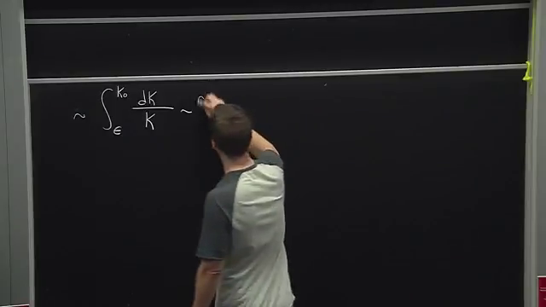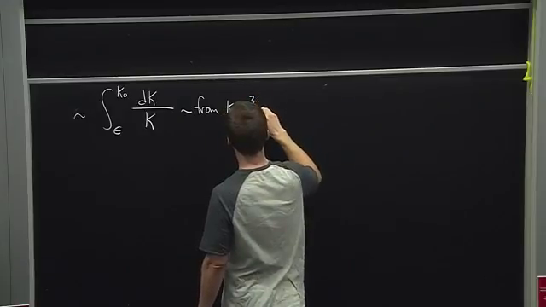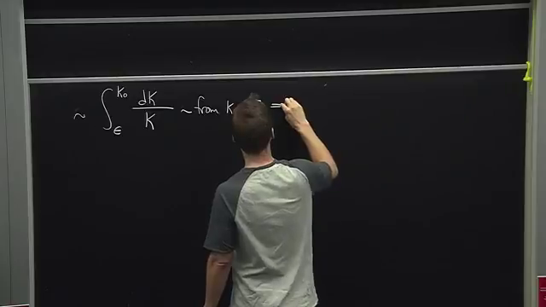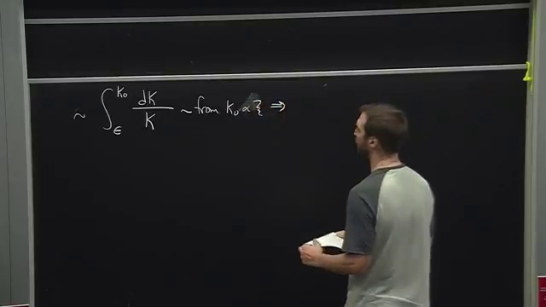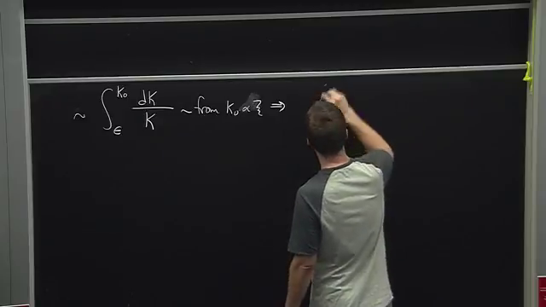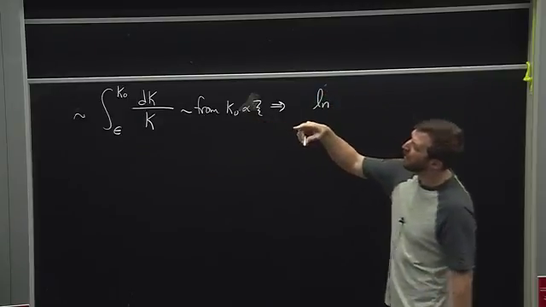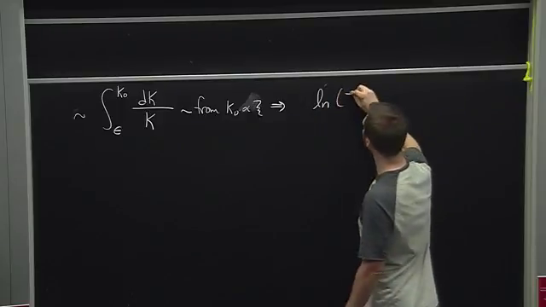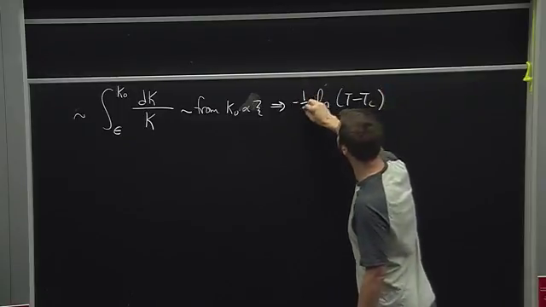And then from the upper limit, being proportional to the correlation length, gives us something like 1 over k, so it's a log. Correlation length is like 1 over square root of t minus tc, so it's minus 1/2.